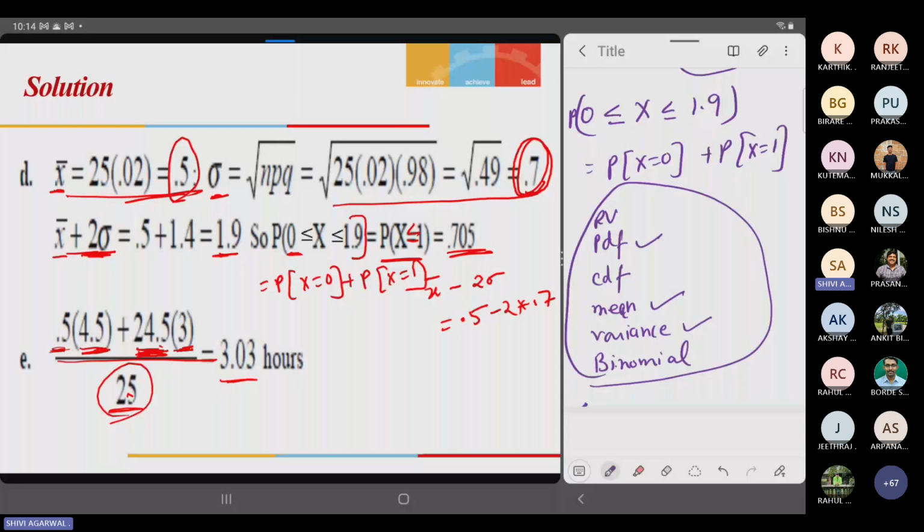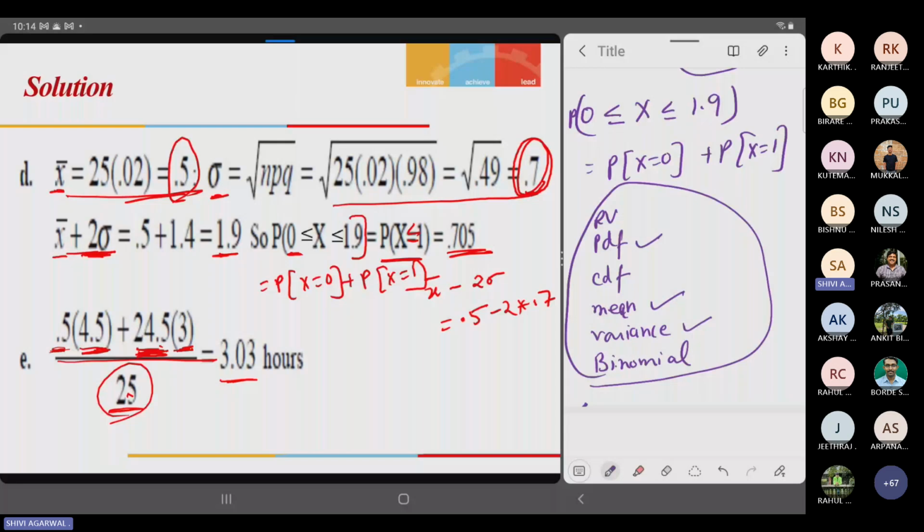Please read the question carefully, and then based on that identify which distribution this is, what the random variable is, what the distribution of that random variable is, then what formula we have to apply, and what is asked basically.